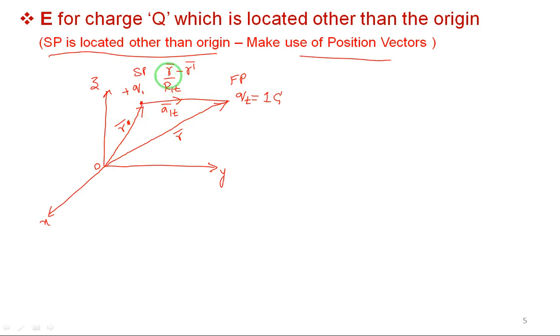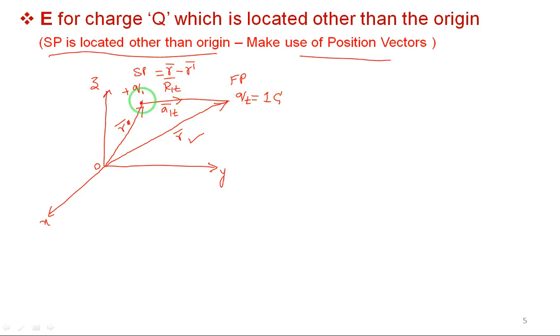So r dash plus r vector minus r dash vector, r dash will get cancelled. I am getting the third side, addition of the two sides, right? Means this is correct, what we have done. So r1t is nothing but, if I express in terms of position vector, I can write it as r minus r dash vector. Is it fine? Just to differentiate, I have taken it as r dash.